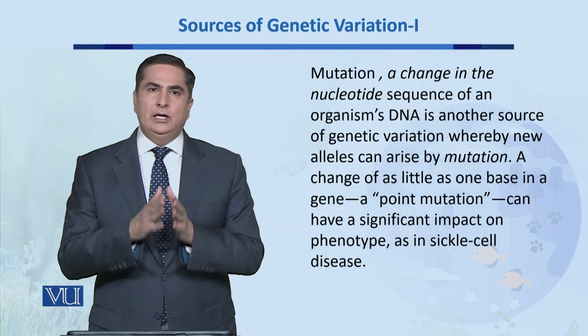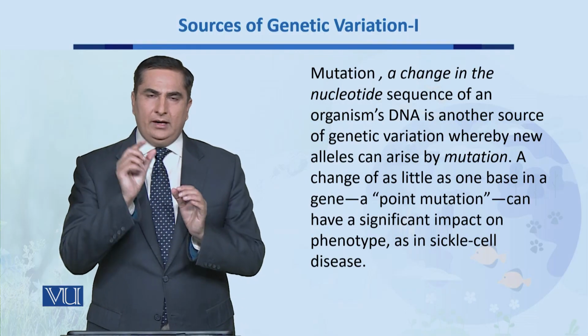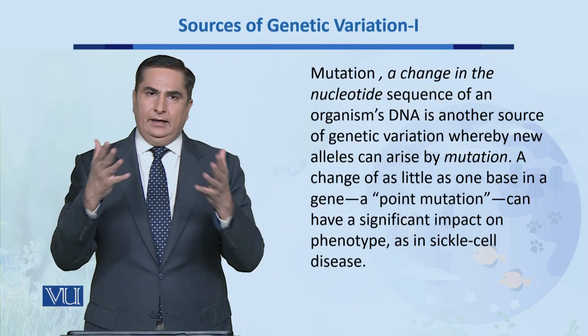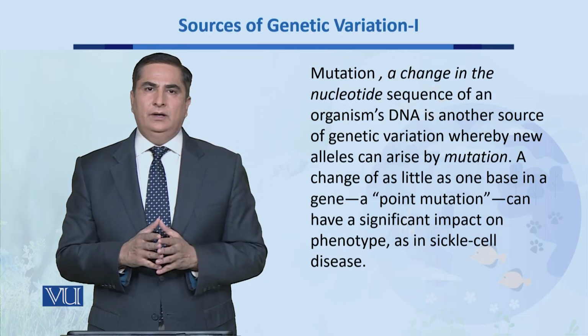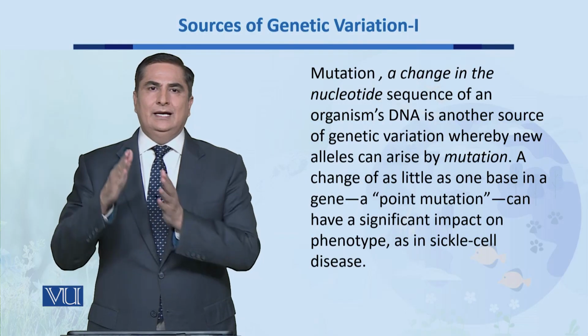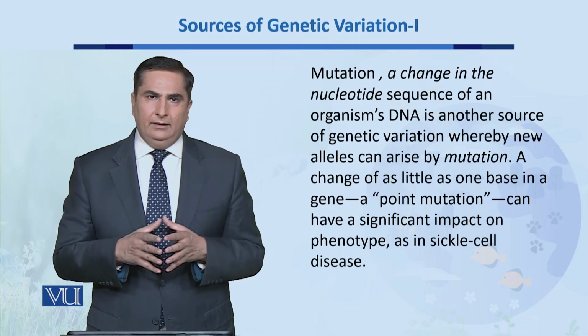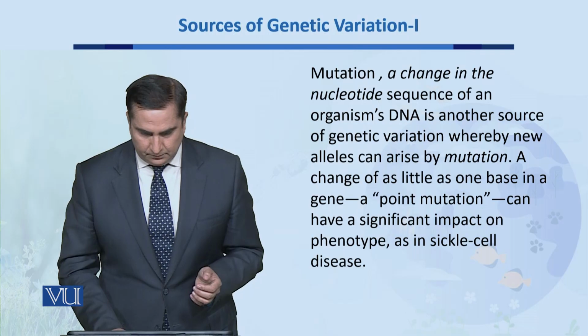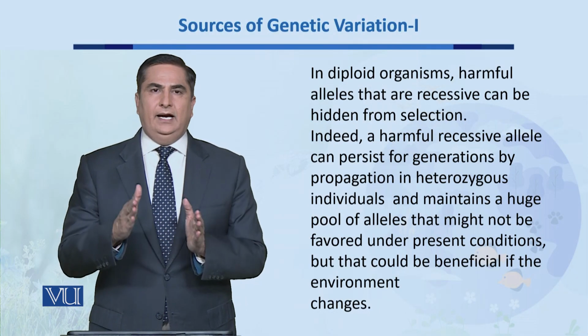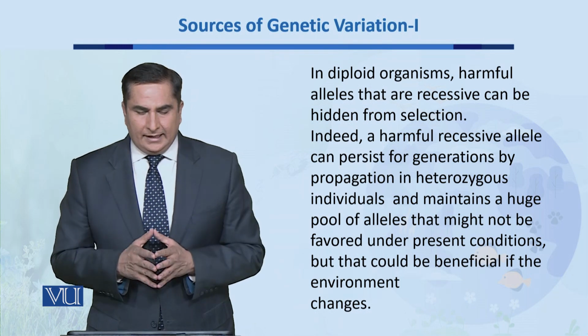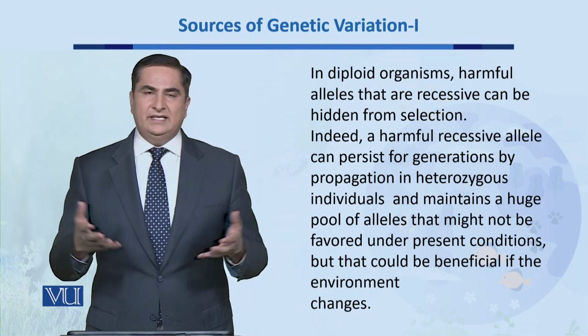And that happens only because of one mutation in certain genes which are responsible for synthesizing the protein which makes the blood cells. In diploid organisms, harmful alleles that are recessive can be hidden from selection.